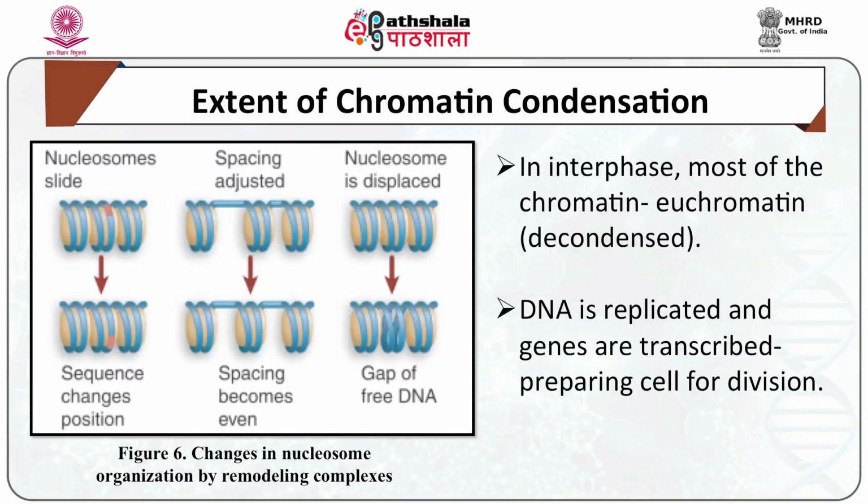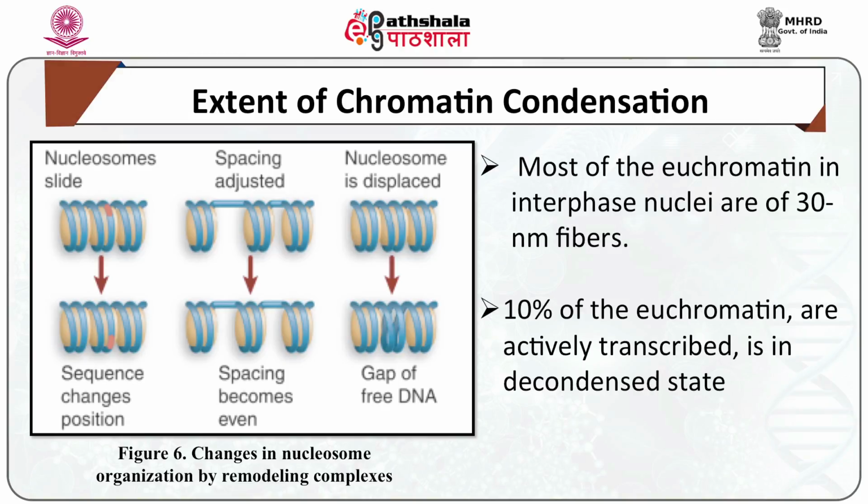The extent of chromatin condensation varies during different phases of the cell. In the interphase cells, most of the chromatin, called the euchromatin, is relatively decondensed and distributed throughout the nucleus. During this period of the cell cycle, DNA is replicated and the genes are transcribed, preparing the cells for division.